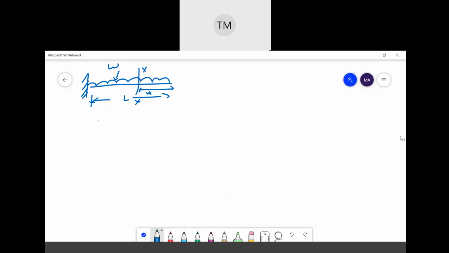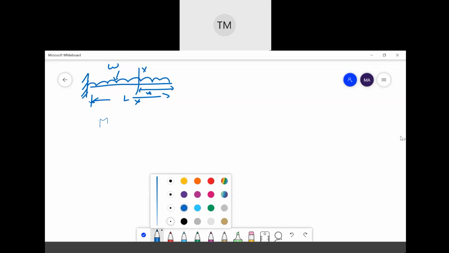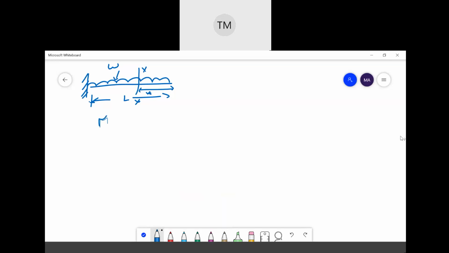So what will be the moment about X? Mx will be the force, w into x, into the distance, x by 2. You know that moment is equal to force into perpendicular distance. Force is w into x for the UDL.